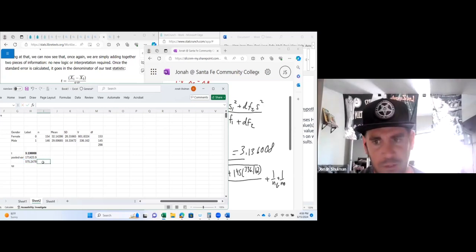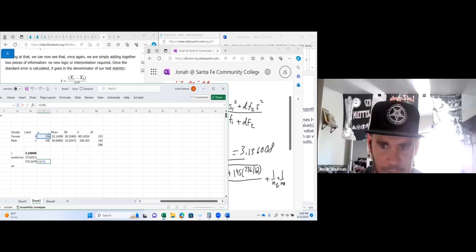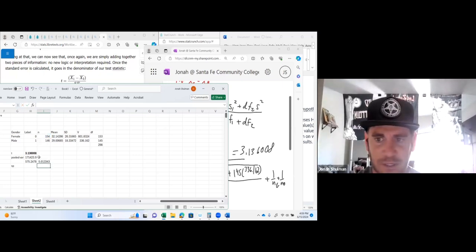So all I have to do is parentheses 1 divided by the first n plus parentheses 1 divided by the second n. So that's the other value, and I believe that's what we have to add it to.